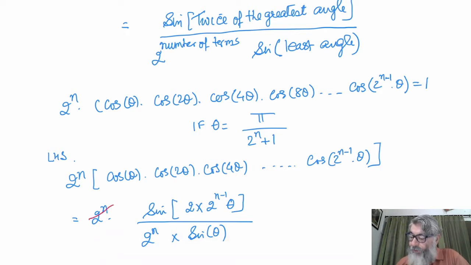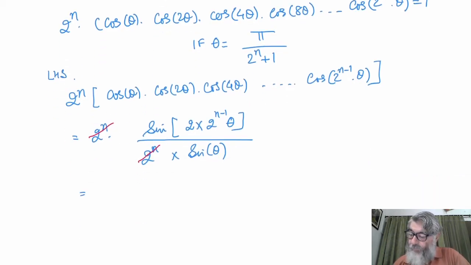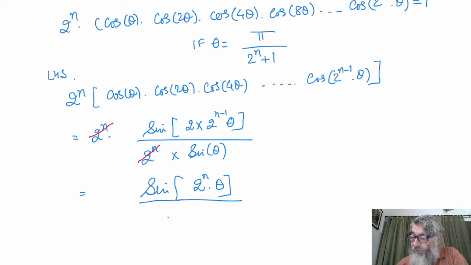The next step would be sine 2 to the power n theta, because 2 to the power 1 plus n minus 1, the 1 will cancel, upon sine theta.